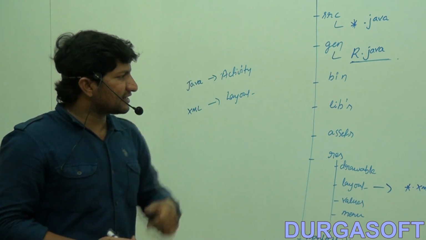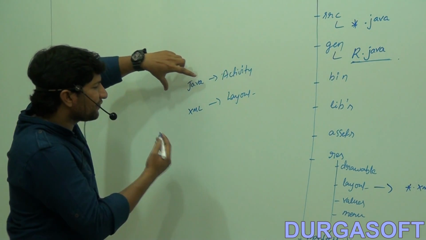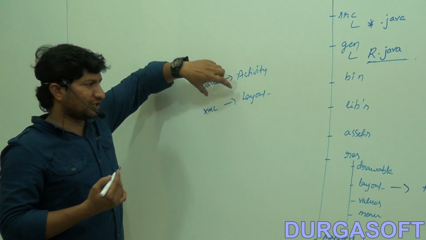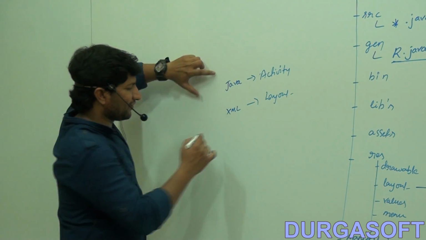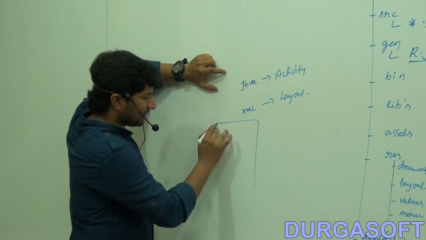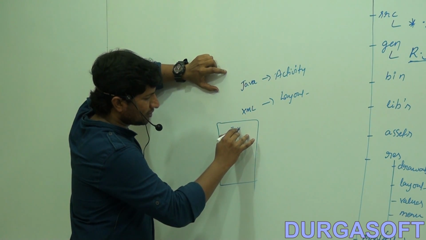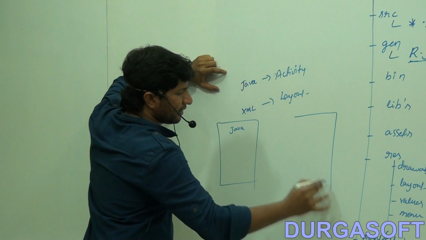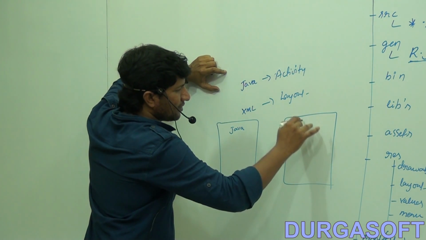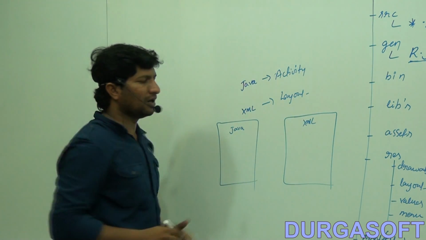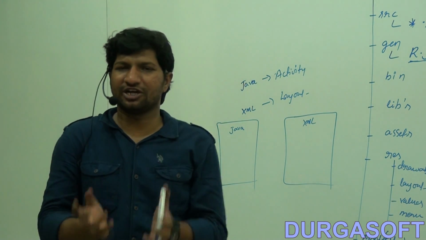I explained that for every single screen we need two files, one Java file and one XML file. By using XML only we can create the user interface components.